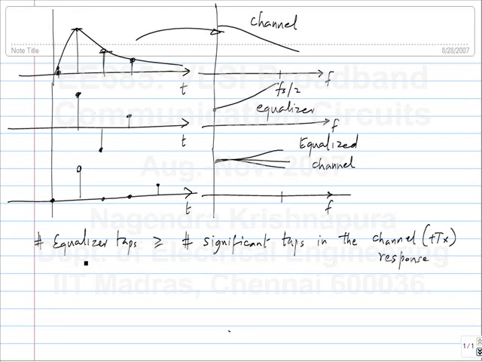And the larger the number of equalizer taps beyond this, you can reduce the magnitude of the ISI further and further. Okay. With the number of equalizer taps equal to the number of taps in the channel response, you can make a response which has a single one, a lot of zeros, and at the end you have some residual ISI. And that residual ISI is what you can reduce with increasing the number of taps.